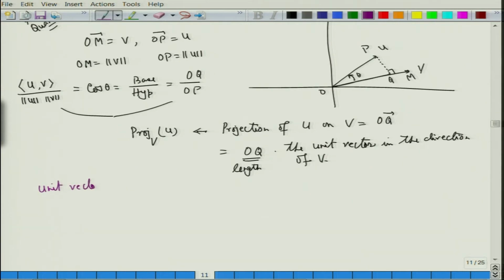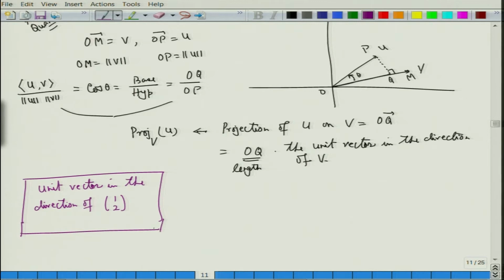Unit vector in the direction of, suppose I have got this vector here. What is the unit vector in the direction of this? Unit vector means the length of the vector should be 1.